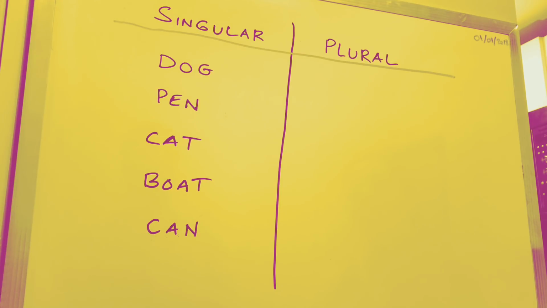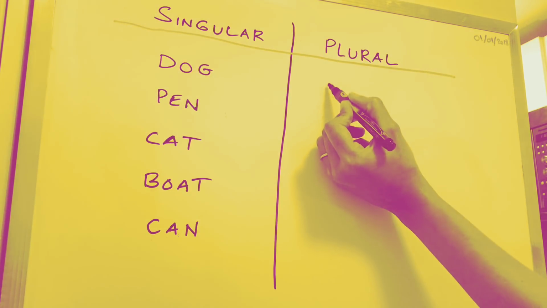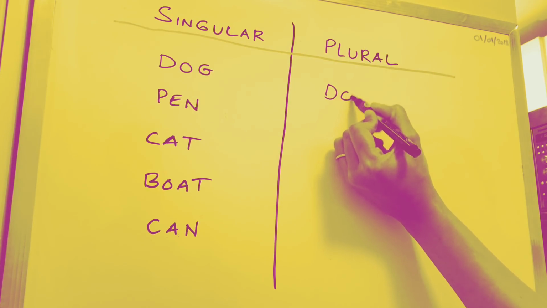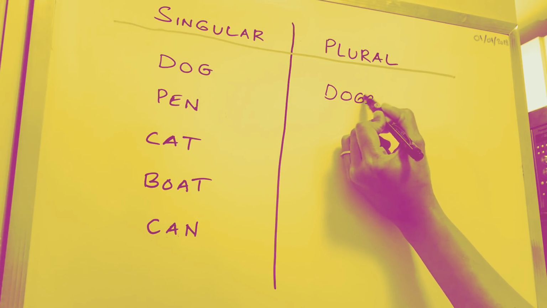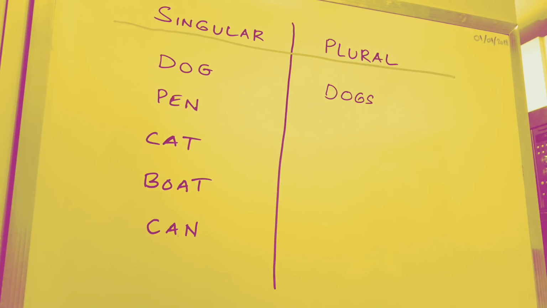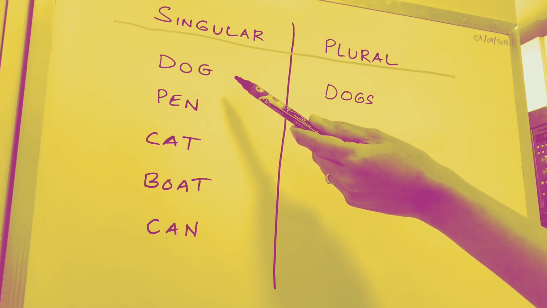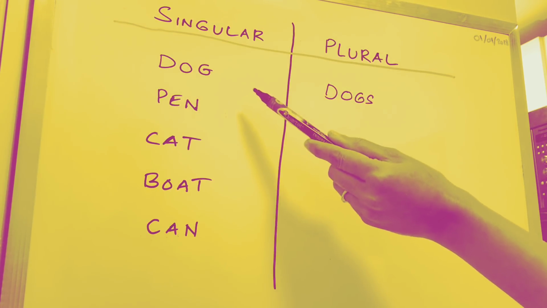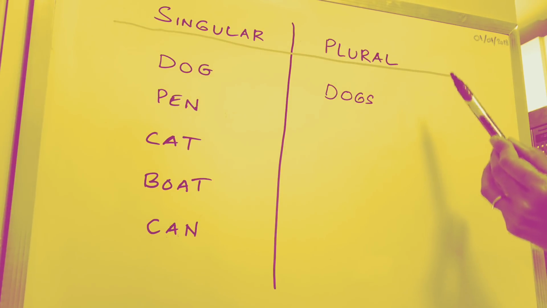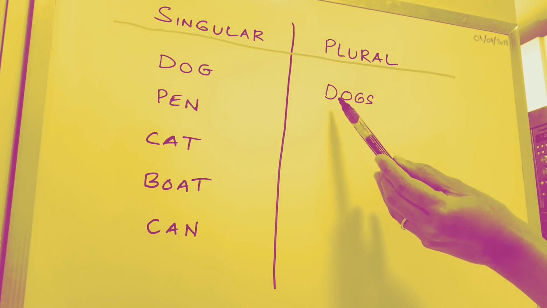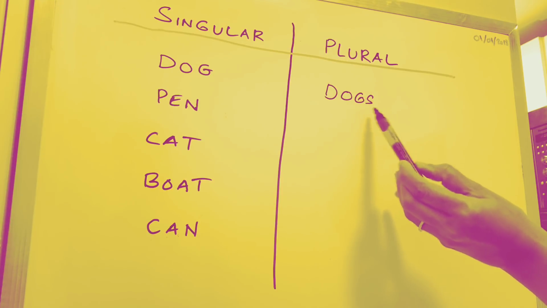And in English, if you were to talk about many dogs, which is plural, that is more than one, then I would write dogs. Here we're talking about one dog, and when you want to talk about many, which is plural, you'll say dogs, you'll add an S at the end.